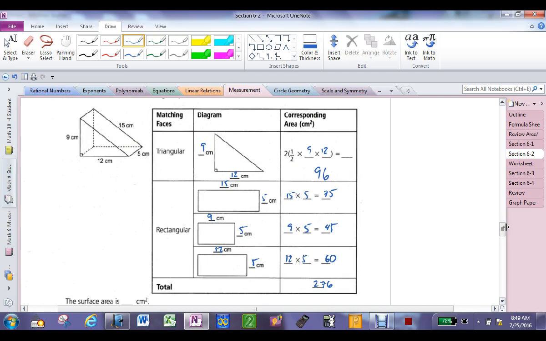Are we all good? What's the only way I could make that more difficult? If I took that away, correct? So then what would you do? Pythagoras.